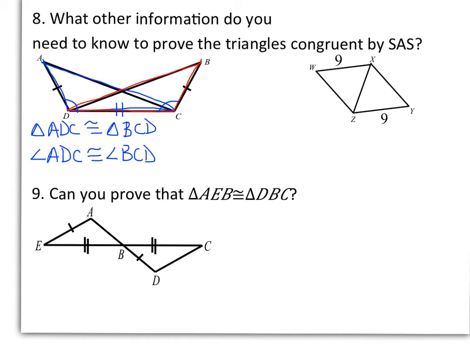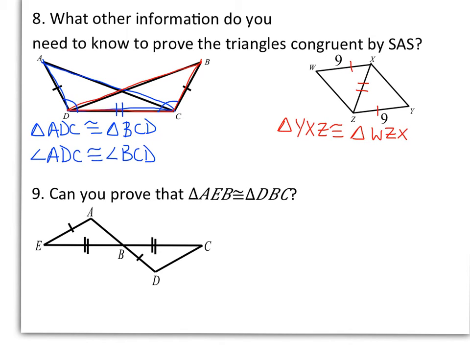In the next example, we're trying to prove that triangle YXZ is congruent to triangle WZX. Notice we have one pair of congruent sides. We have XZ being congruent to itself by the reflexive property.